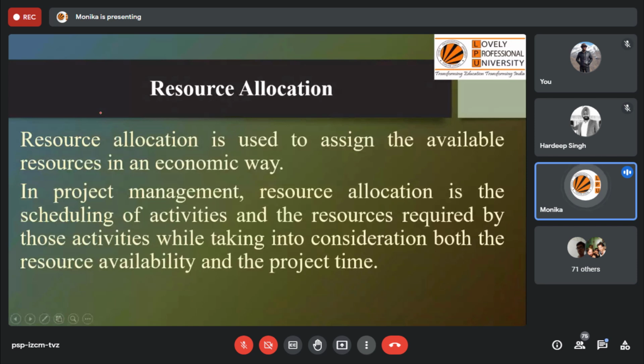In project management, resource allocation is the scheduling of activities and the resources required by those activities, while taking into consideration both the resource availability plus the project time. So while you are going to allocate the resources in MS Project, the good thing is that you can first prepare a list of all the resources you have, not based on activity.